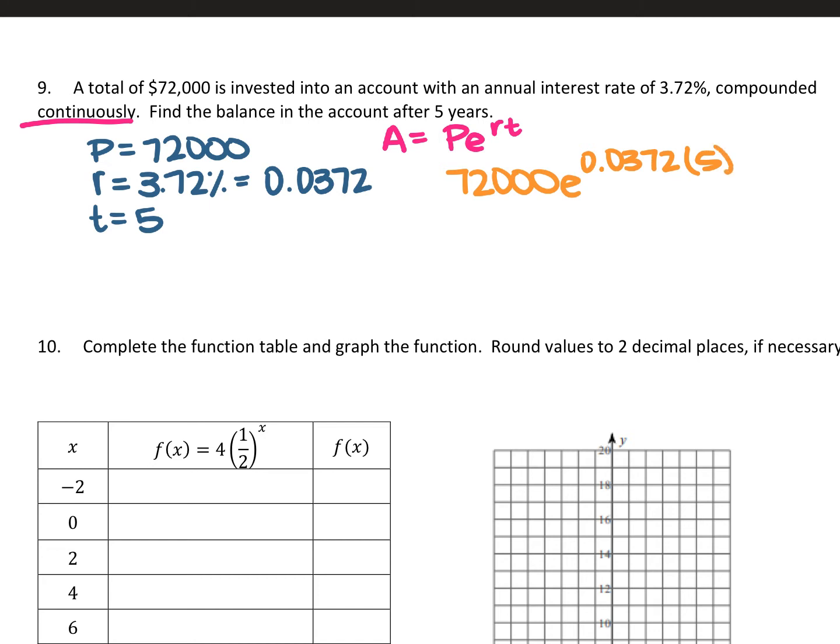So once again, you're working with money, so you are rounding to 2 decimal places. So when you round to 2 decimal places on this one, you get $86,718.40.